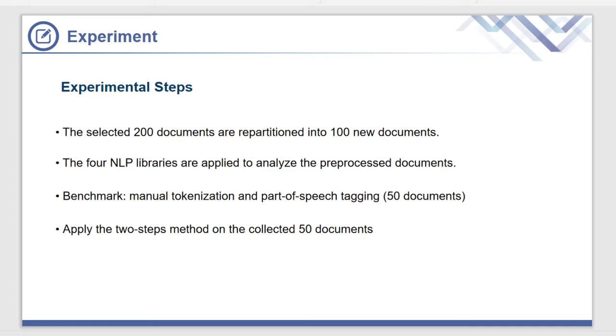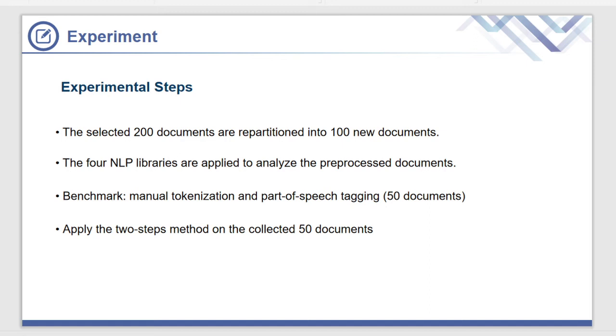All the documents are used to analyze the overlapping degree of the study techniques and help to evaluate the existing guideline on NLP library selection. Step 2. The 4 NLP libraries are applied to analyze the pre-processed documents for tokenization and POS tagging.